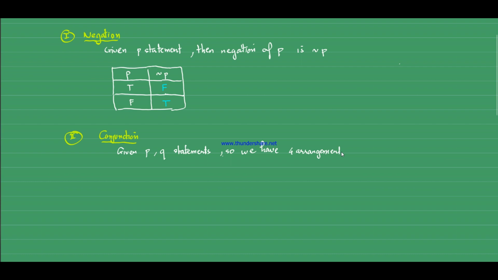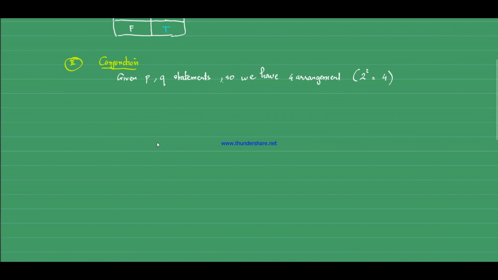The formula to get 4 is that because there are 2 statements, we put base 2 raised to the second power. The base is always 2. So we will have 4. Now I'm going to go ahead and draw the truth table for the conjunction statement right here. Conjunction is an AND statement.